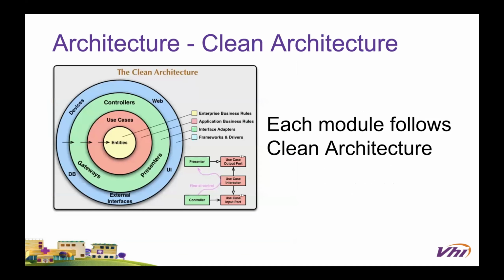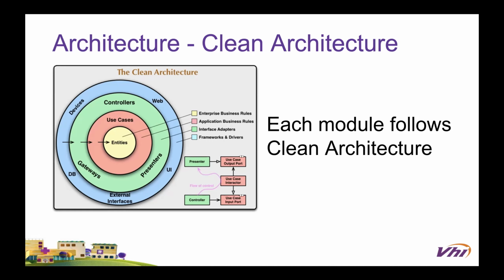And then within each of those features, we follow the clean architecture. Basically each of those modules is then split into three modules for presentation, domain, and data. We would use interactors and repositories and all the typical clean architecture bells and whistles.